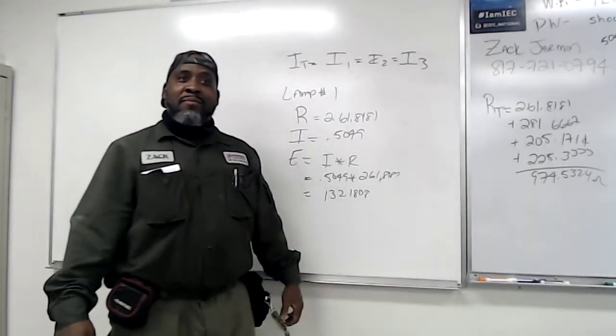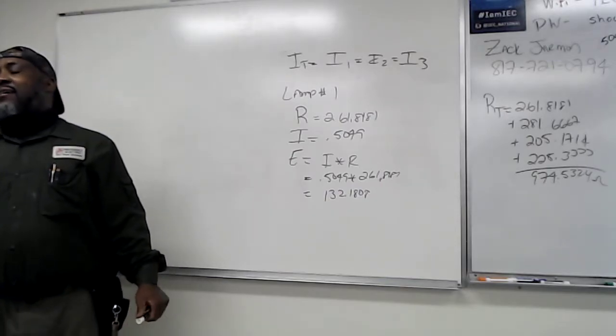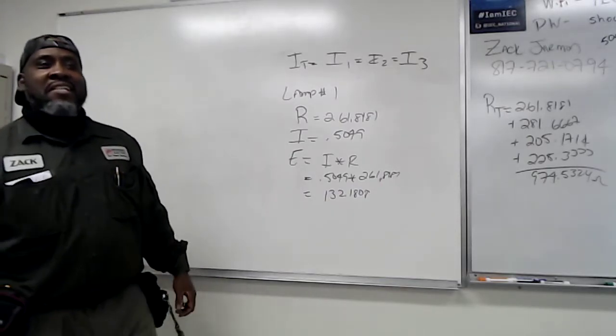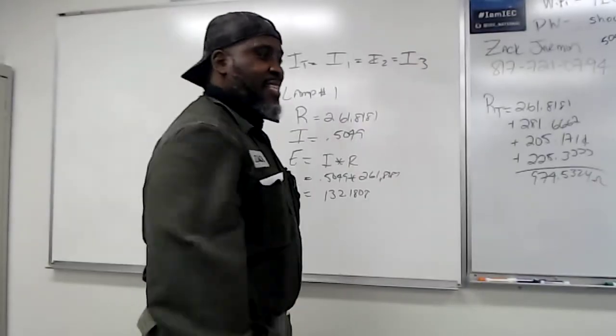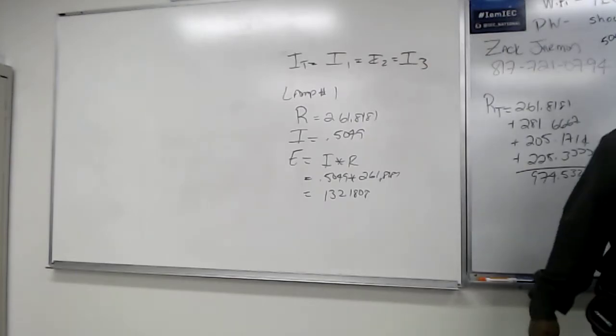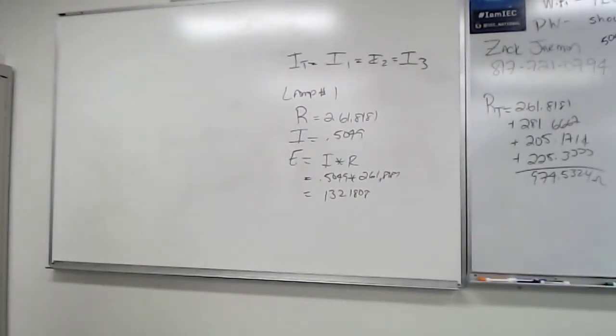Y'all good on that problem? Everybody missed that one except 3 people. Oh, congratulations. Oh, I missed it. We good on that one now. I didn't do anything hard. It's a lot of work, though, wasn't it?